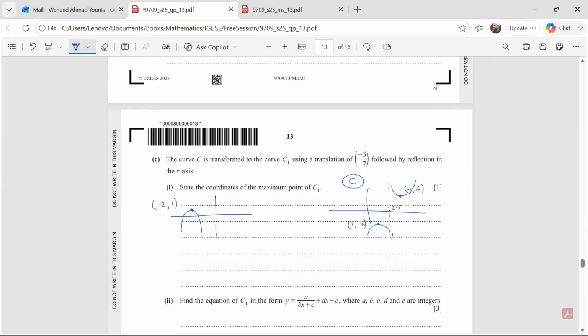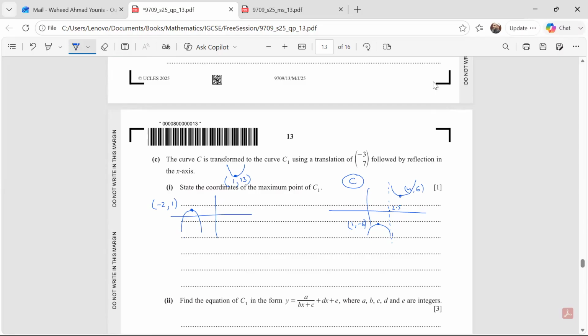Similarly, this point will be somewhere over here, and the coordinates are 4 minus 3 is 1, and 6 plus 7 is 13. Okay, so when we do this translation, the new stationary points are -2, 1, and 1, 13.